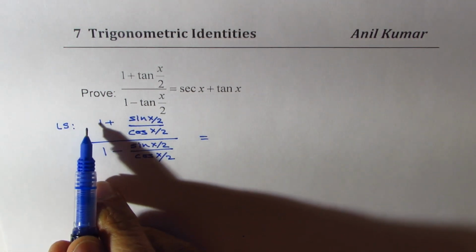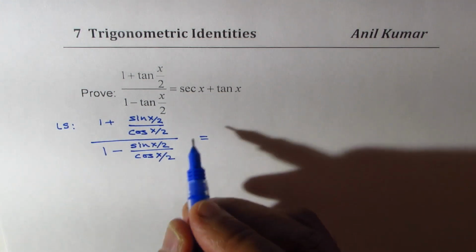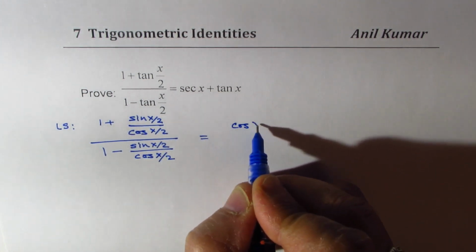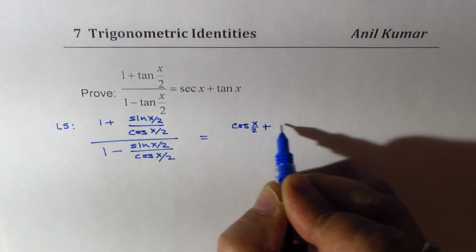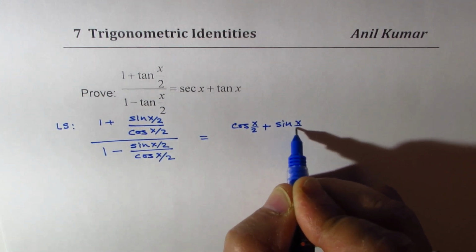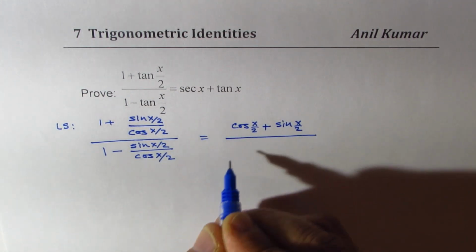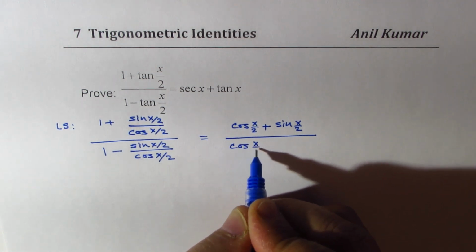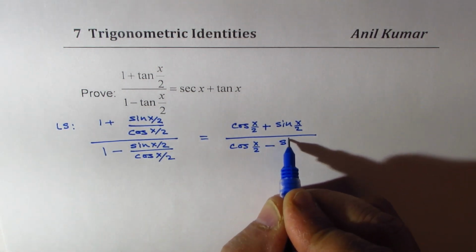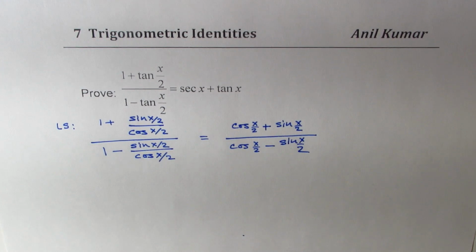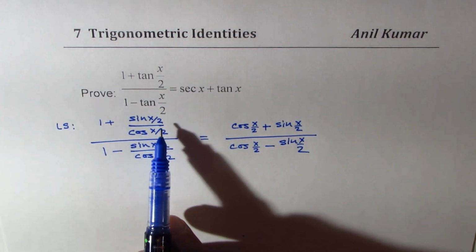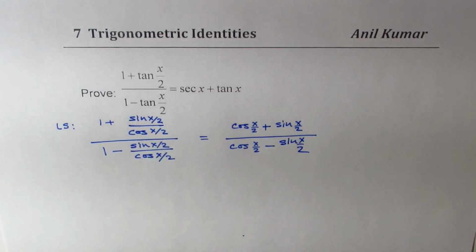And now we can multiply by cos x by 2, right? So we get here cos x by 2 plus sine x by 2 divided by cos x by 2 minus sine x by 2. So we multiplied by cos x by 2 in both numerator and denominator.